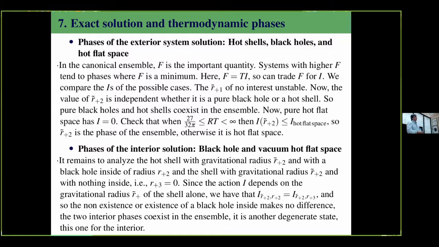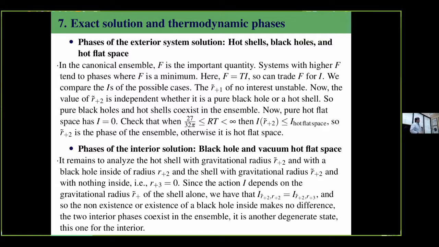And so what we have is a hot shell with or without a black hole inside. Actually, it's a hot shell or a black hole, depending on the solution. So both coexist in the ensemble, as I said here.